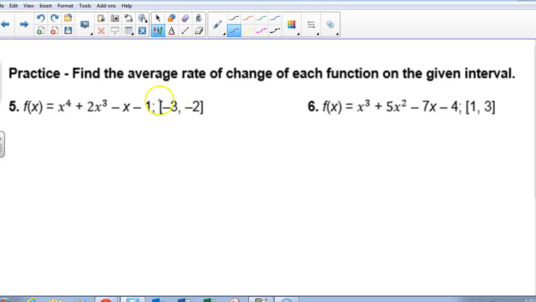So, boys are in charge of the first one, girls are in charge of the second. Put a -3 in. Girls, put a -2 in and see what you get out. I'm just trying to make this go faster.